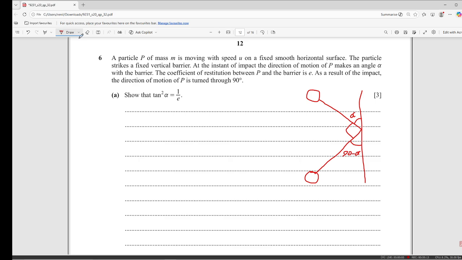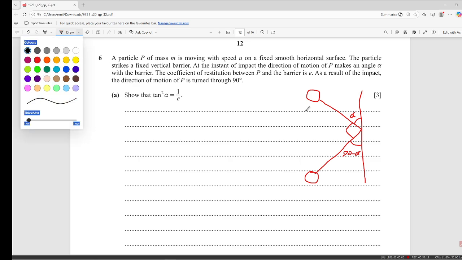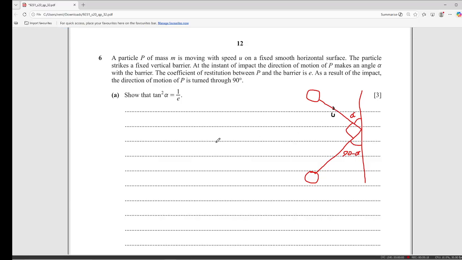So how I would start off is that it starts off with velocity u. This tells me that the horizontal component of the velocity, if you complete the triangle and try to find the horizontal and vertical components, Ux will be u sine alpha, and Uy would be equal to u cos alpha.